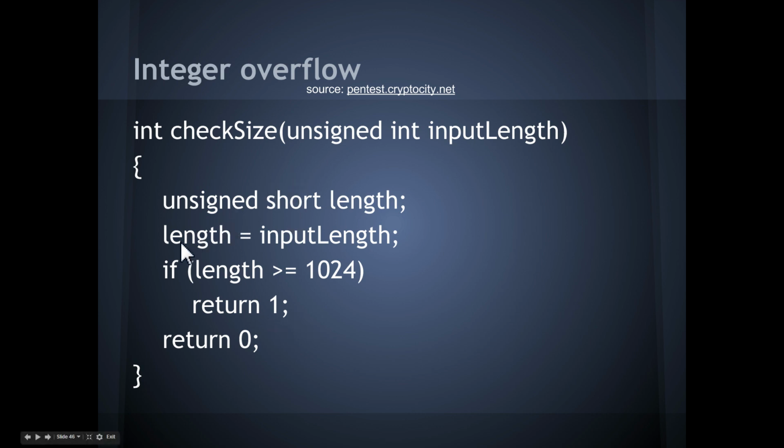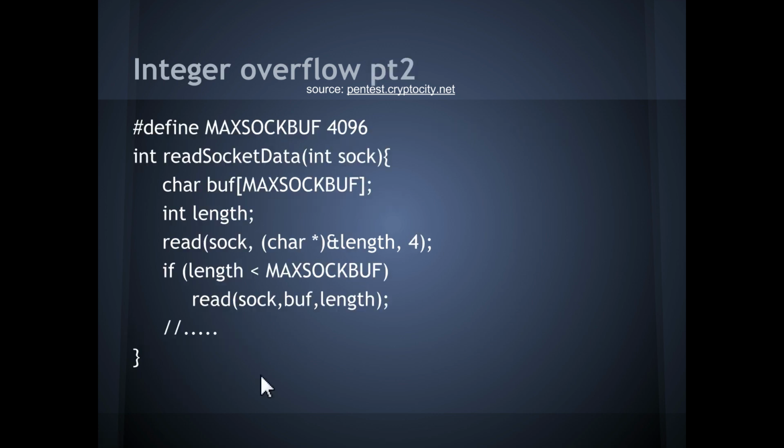Well, if the lower half of the integer's bits don't evaluate to greater than 1024, we're cutting off the most significant half. So that could lead to dangerous cases being evaluated as safe. For the next one, I can give you time to pause.